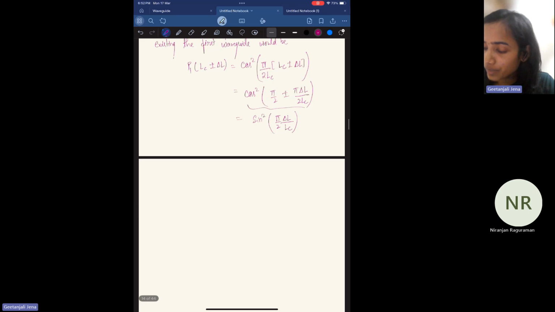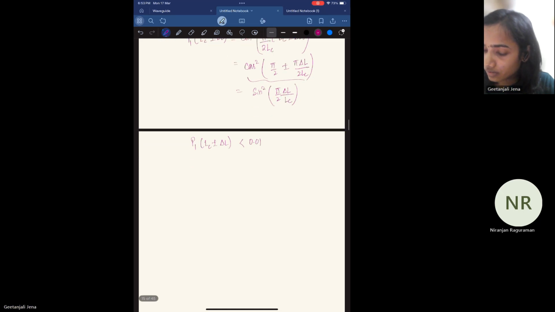And it is given that P1 should be less than 0.01. So that means sine square of pi delta L by 2 LC should be less than 0.01.